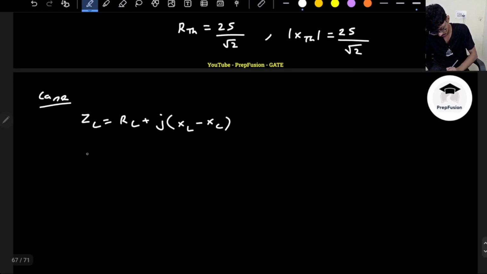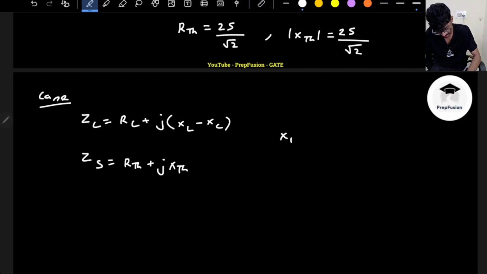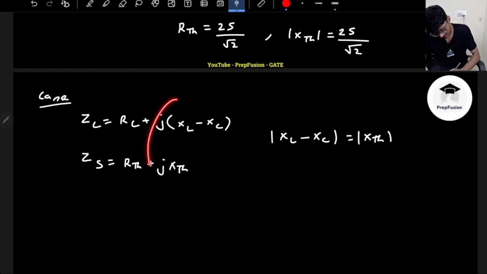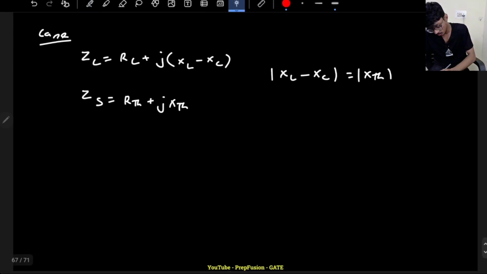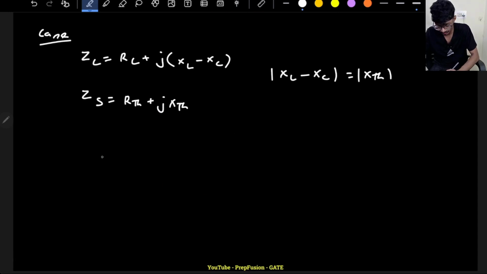My source impedance ZS is RTH plus jXTH. So basically the magnitude of XL minus XC has to be equal to XTH, but the sign will be opposite. Ultimately this imaginary portion will get cancelled out, so my overall impedance will be RL plus RTH.